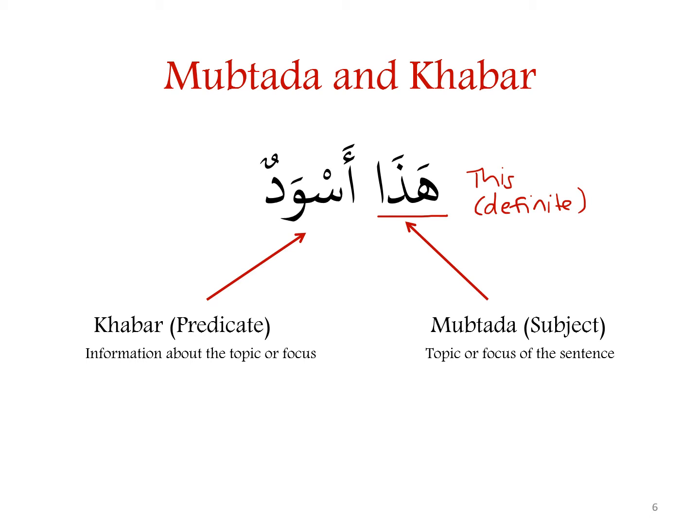Aswadun is a sifa, so an adjective meaning black. So you would say this, with is coming between the mubtada and khabar, black. So this, whatever object it is referring to, is black. Mubtada and khabar.